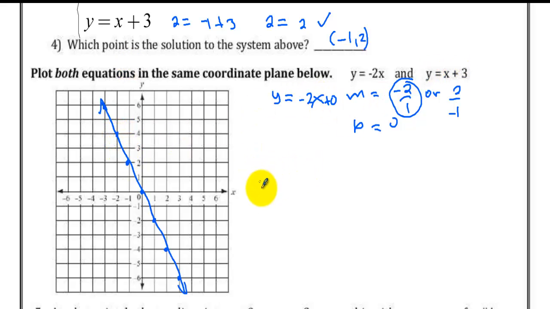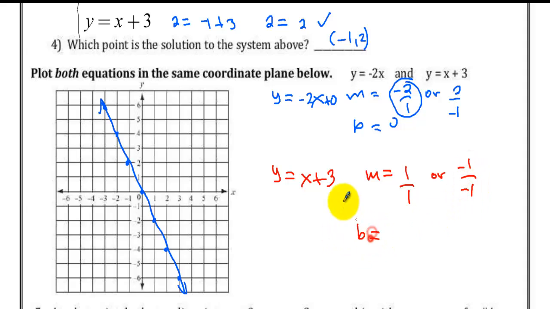Okay, for the second equation, we have y equals x plus 3. m is equal to 1 over 1, or we can say negative 1 over negative 1. Our y-intercept is equal to 3. So starting with the y-intercept 3, I'll use 1 over 1 first.